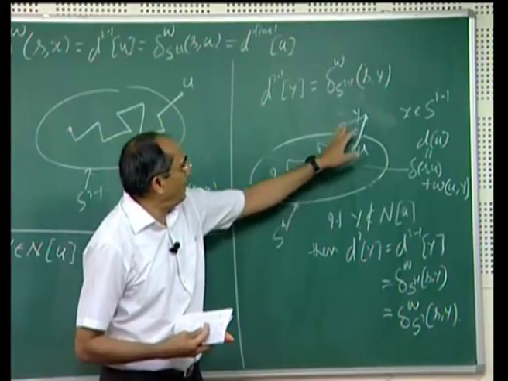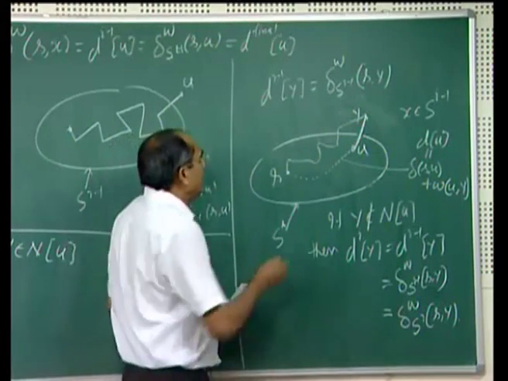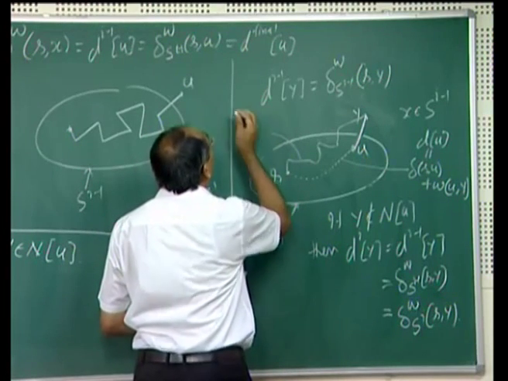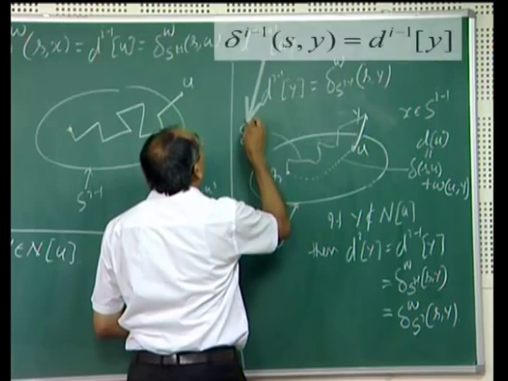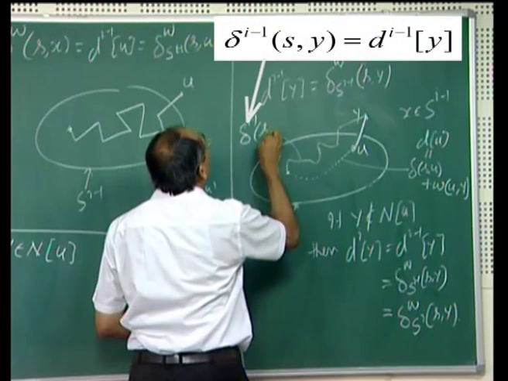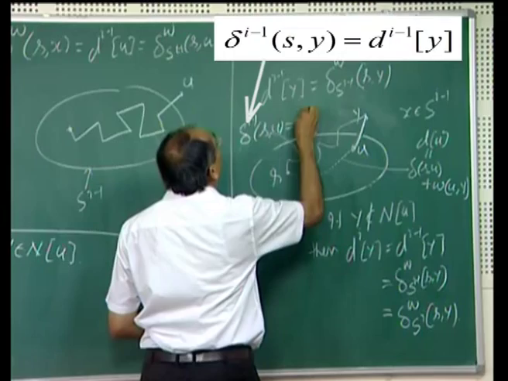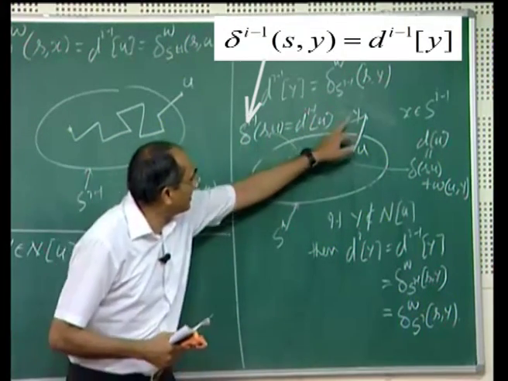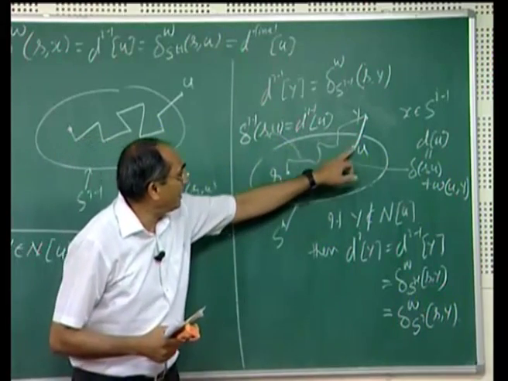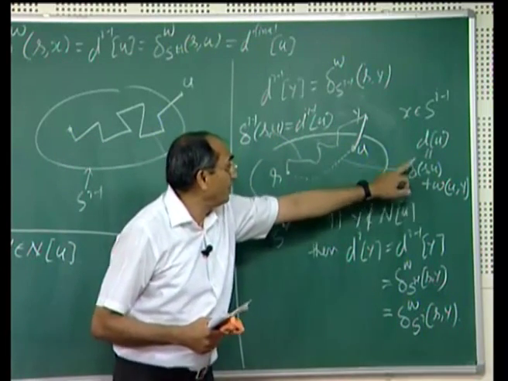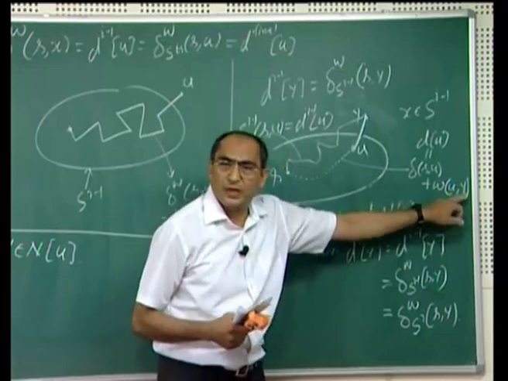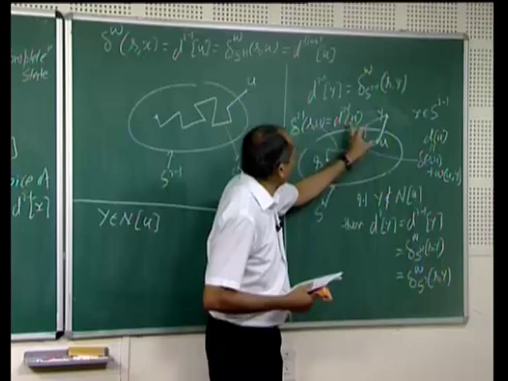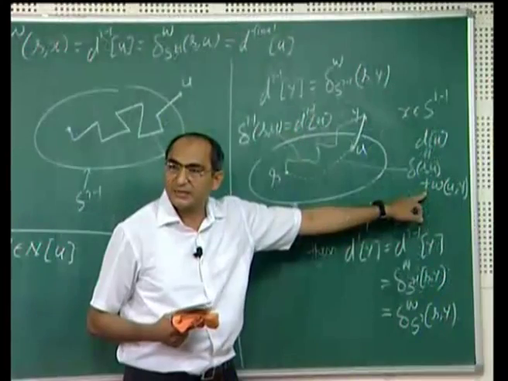And the weight of this other path, the best path, is the same as delta_{i-1}(s, u), which is the same as d_{i-1} of u. So, the best path of this kind has this weight, and the best path of this kind has d_u plus w_uy. In our algorithm, all we do is compare these two values and pick the best.